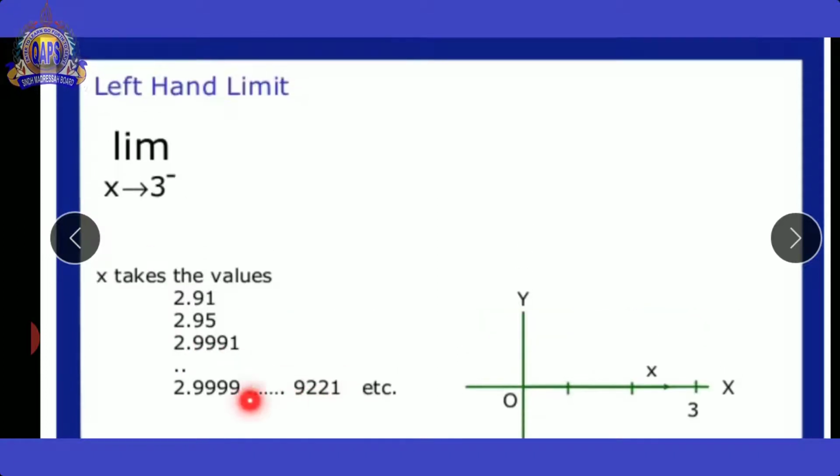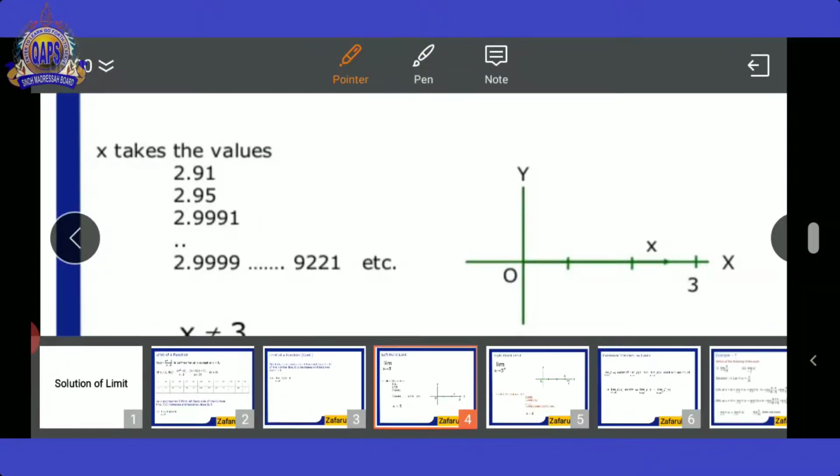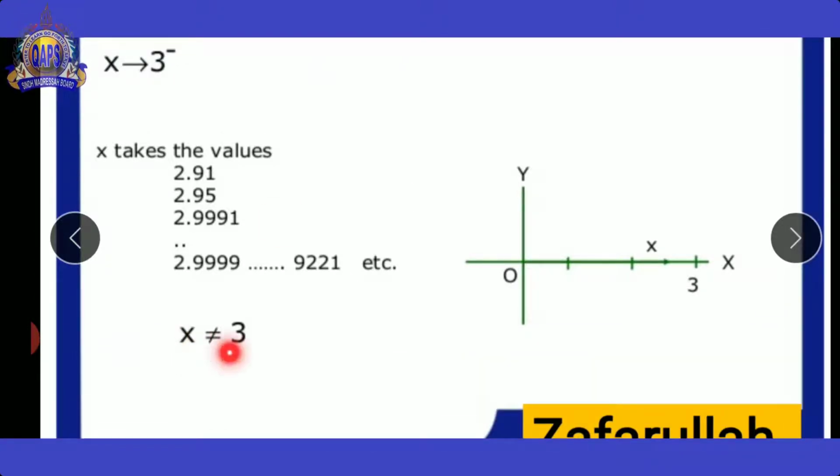So here we put many values which approach 3, but x doesn't equal 3. This point is x approaches 3. So this arrow goes very close to 3, but doesn't equal 3.